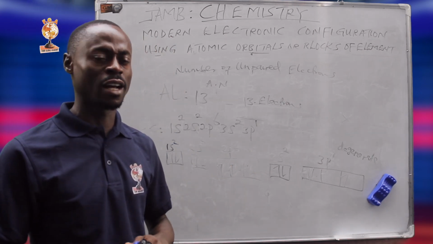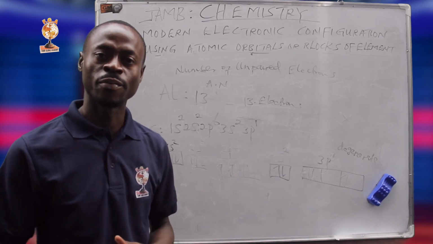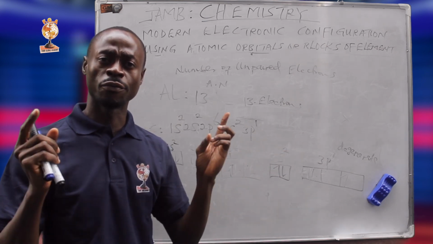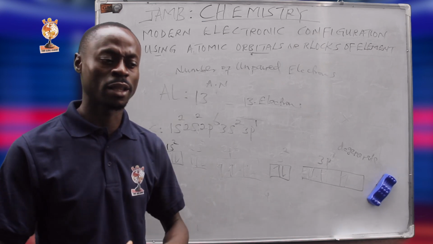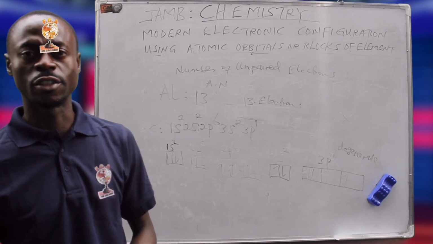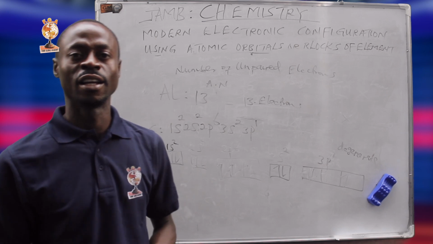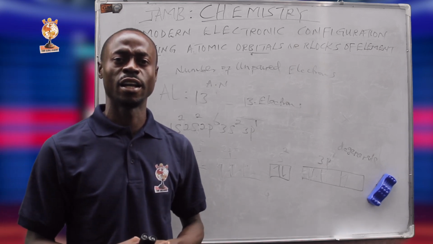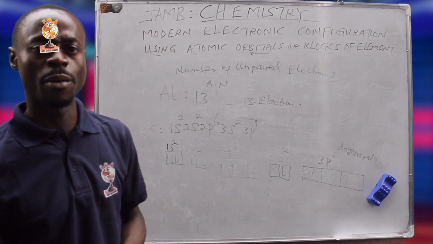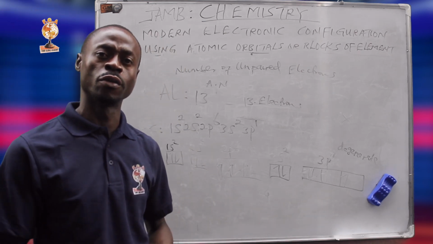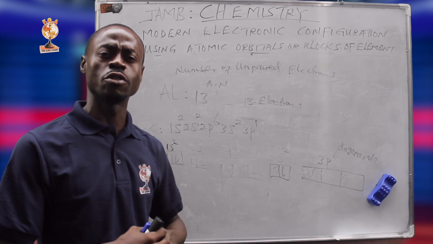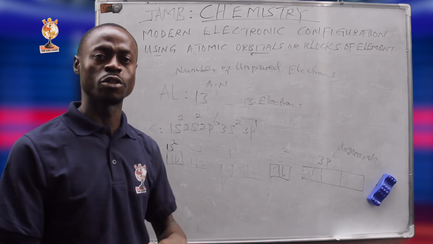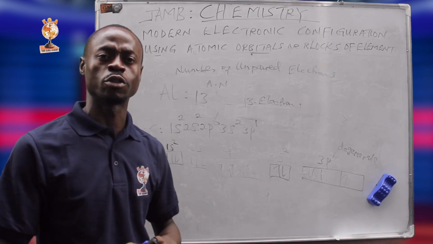The s orbital can take a maximum of 2 electrons, the p orbital a maximum of 6 electrons, the d orbital 10, and of course the f orbital a maximum of 14 electrons. And we looked at examples of elements and the various ways of writing their electronic configuration, making use of these 4 blocks of elements.